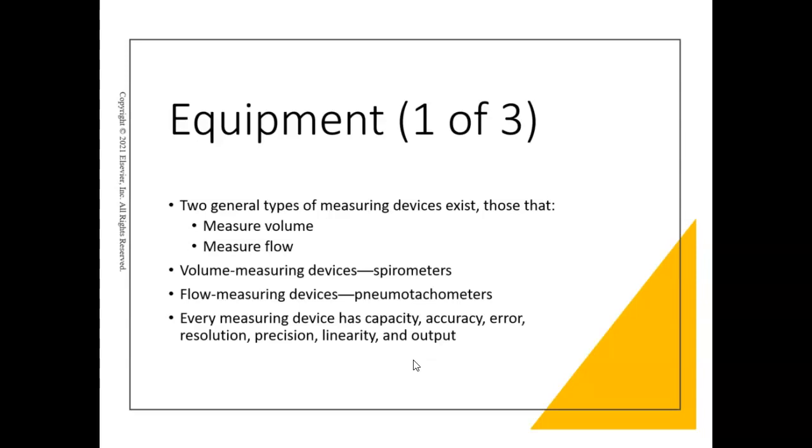So both of these instruments are also going to be measuring time so that they can compute those volumes and flow rates. Okay. So the term spirometer is sometimes used as a generic term for all volume measuring and flow measuring devices.